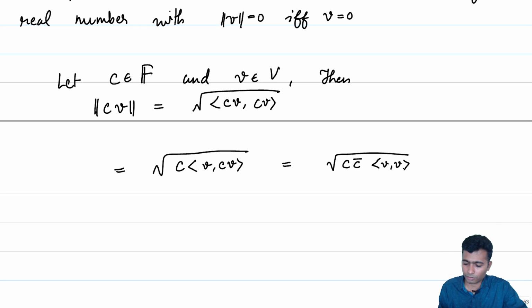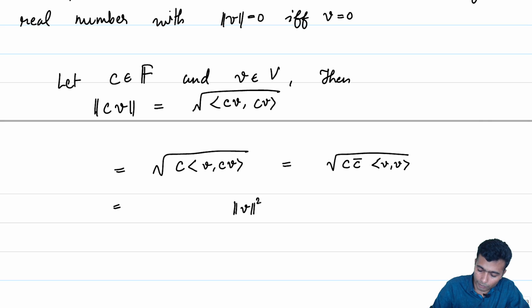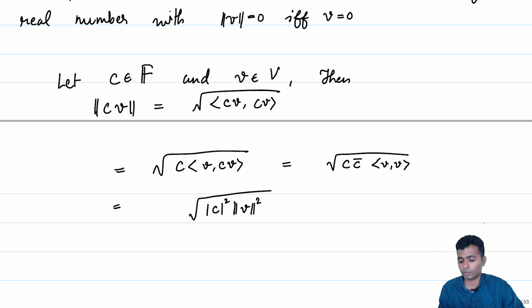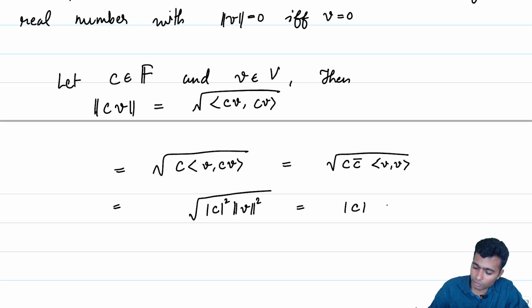But what is the inner product of v with itself? It is the norm of v squared. And what is the product of a complex number with its conjugate? It will just be the square of the absolute value. So this is just going to be the square root of mod C squared times norm v squared, which is mod C times norm of v.